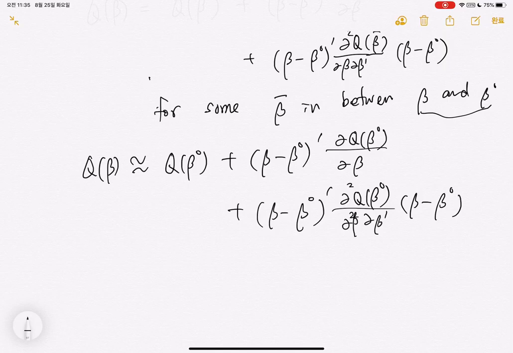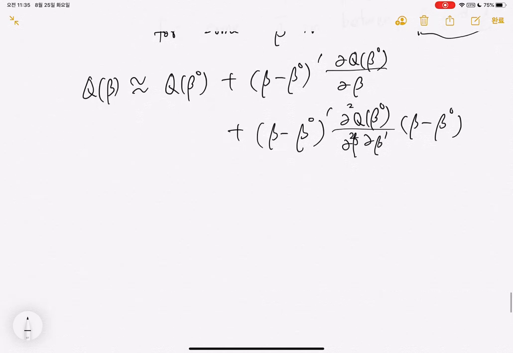Okay, from here you can think about an algorithm that can find the minimum numerically.